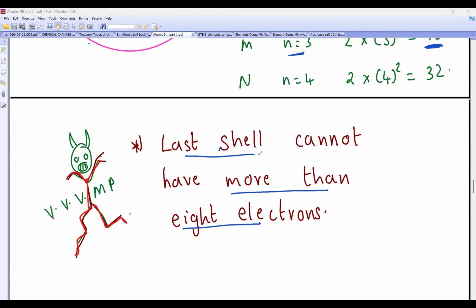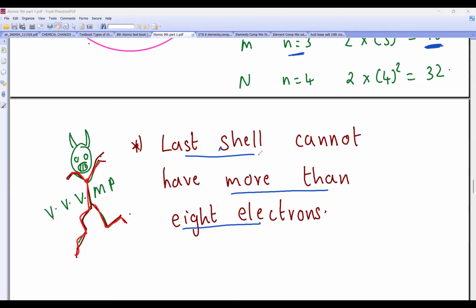Very important. Product tracer. This is the rule number 2 for electronic.